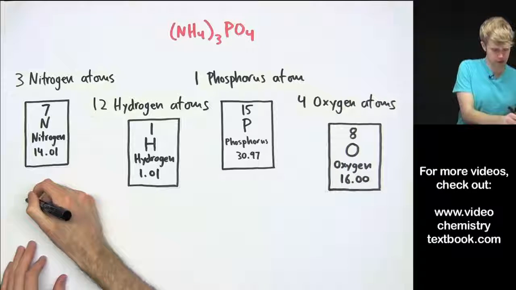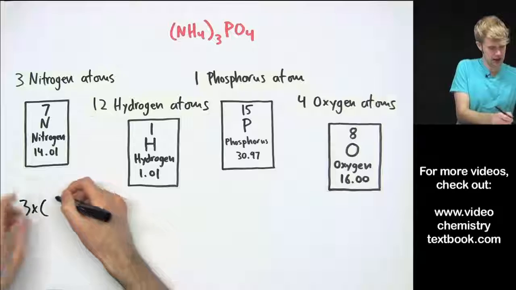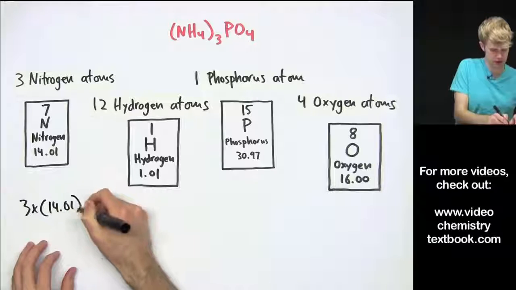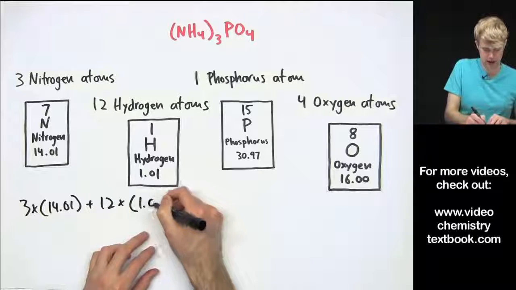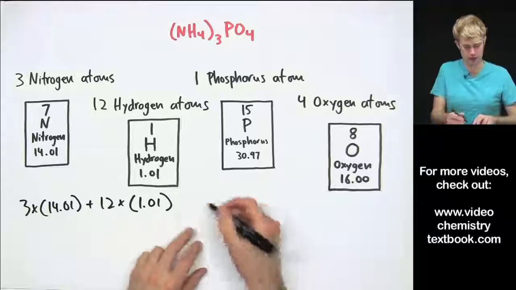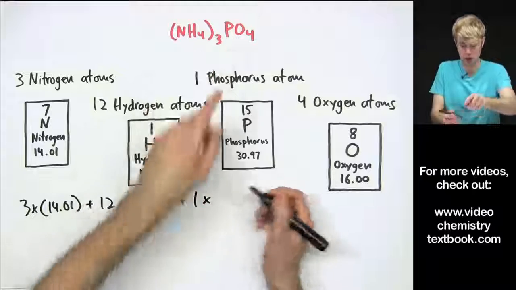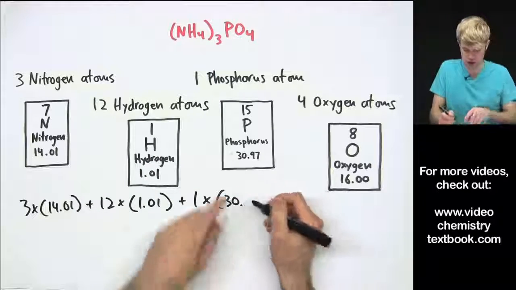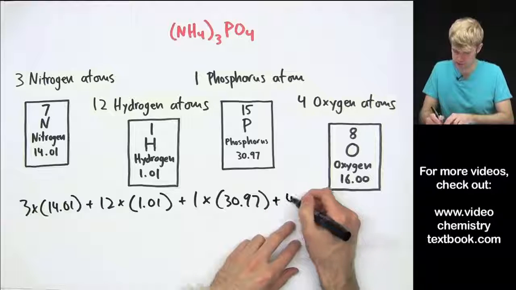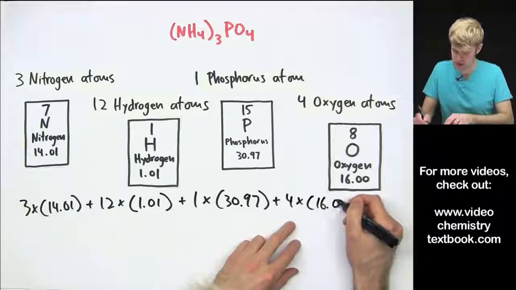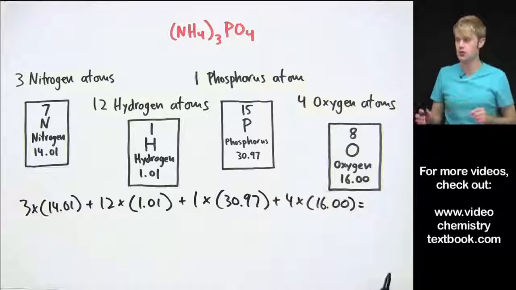And we do 3 times nitrogen, 14.01, plus 12 times how much hydrogen weighs, 1.01, plus 1, because we only got 1 phosphorus, times how much phosphorus weighs, 30.97, plus 4 times 16.00, which is how much oxygen weighs.